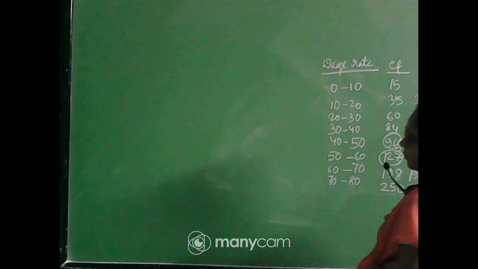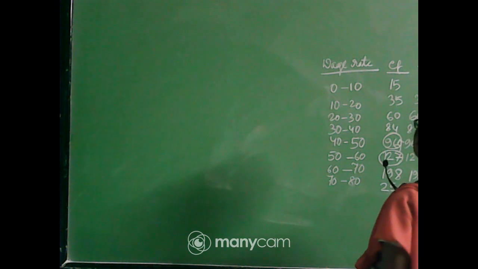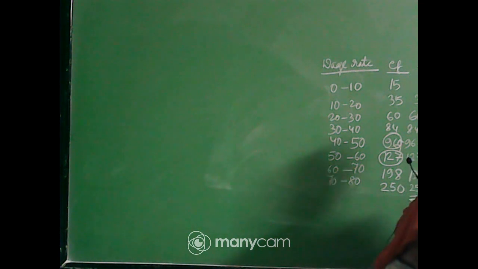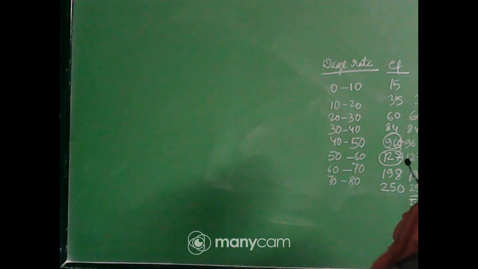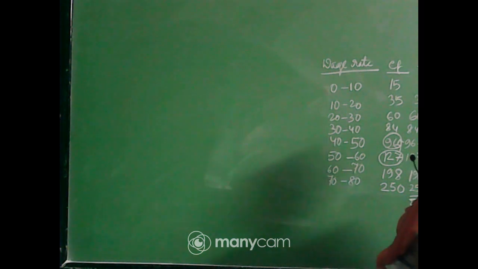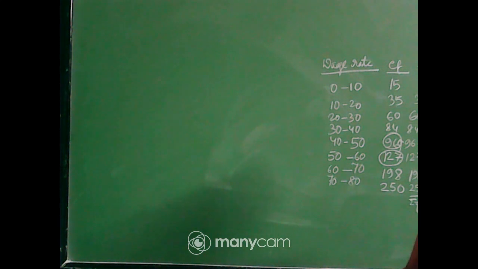Next, 35 minus 15 is equal to 20. Yes, write down. Next, 60 minus 35 is equal to 25. Next, 84 minus 60 is equal to 24. Next, 96 minus 84 is equal to 12. Next, 127 minus 96 is equal to 31.